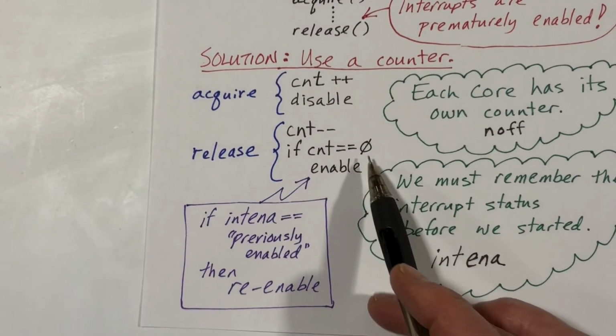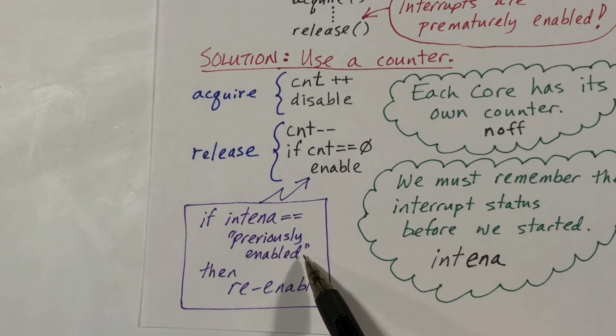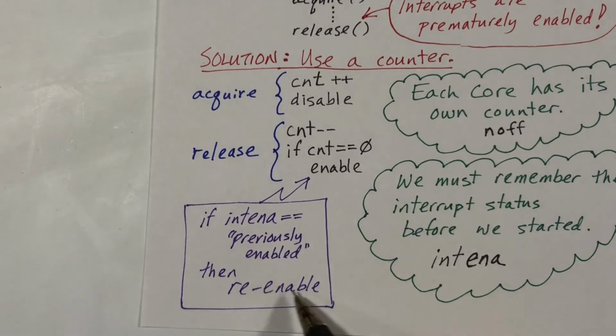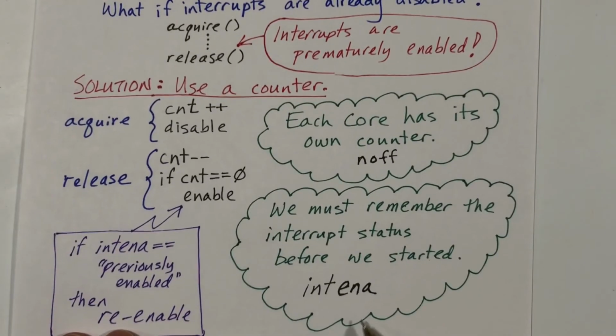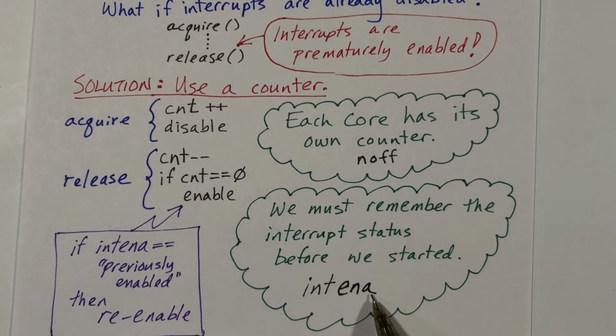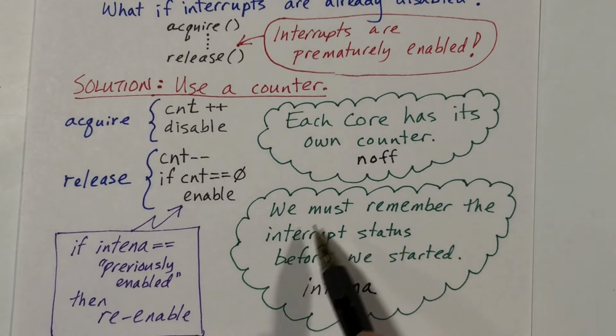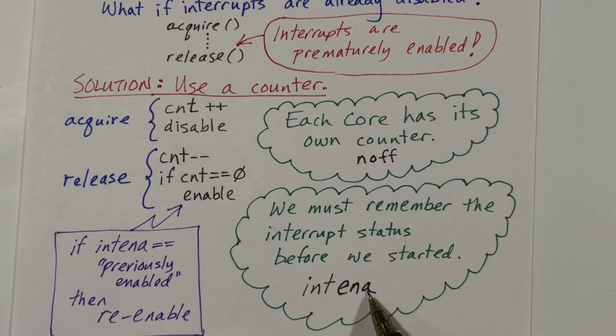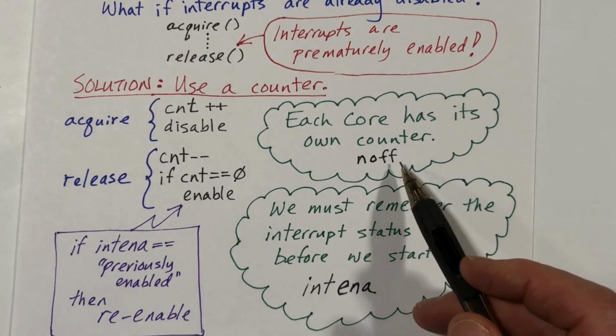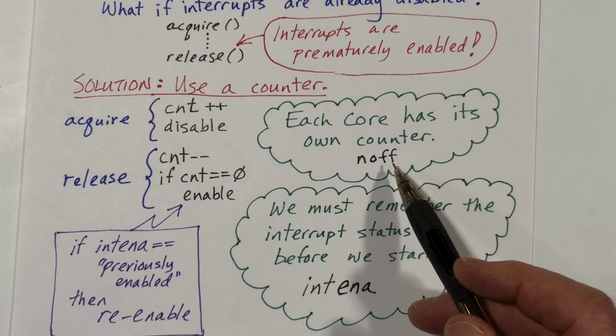So if the count is 0 and they were previously enabled, then we will re-enable them. That previously enabled status is kept in a variable called intena, interrupt enable, I guess. And so we will remember the previous interrupt status before the first call to acquire in this variable, which is a part of the CPU structure.